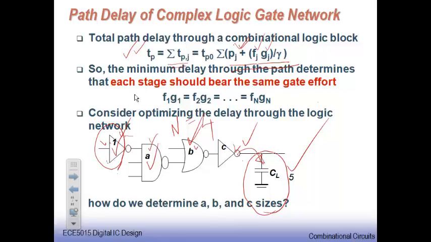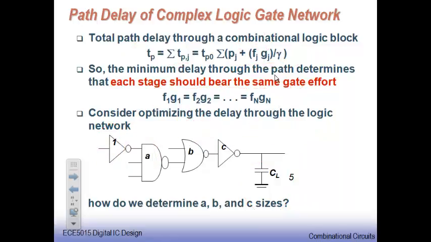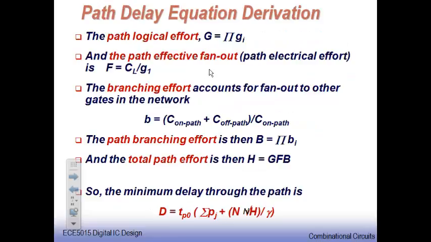So the minimum delay through the path determines what? Each stage should bear the same gate effort. Same gate effort means what? Fg. F1 G1 should be equal to F2 G2, should be equal to Fn Gn. Right? With this basic guideline, F1 G1 Fg is equal for all the stages. With that in mind, we now calculate the path logical effort.